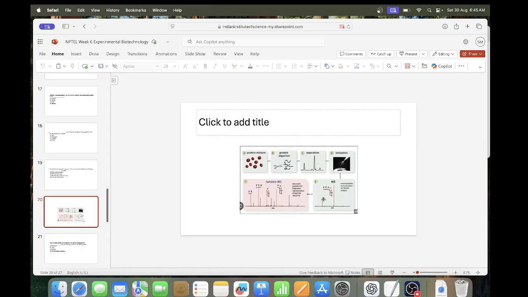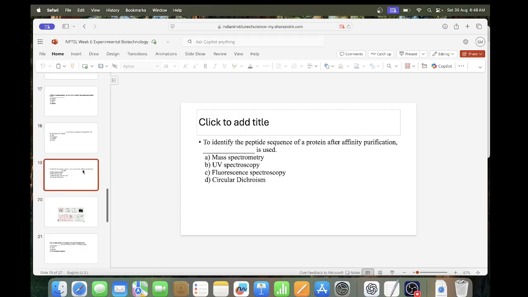These m by z ratios can be correlated with sequences of 2 amino acids, 3 amino acids, 4 amino acids, and so on. With an existing database that contains all combinations of amino acids for all different lengths, we try to get the approximate sequence of the protein. So this is one method that can be used to identify the sequence of a protein after affinity purification.